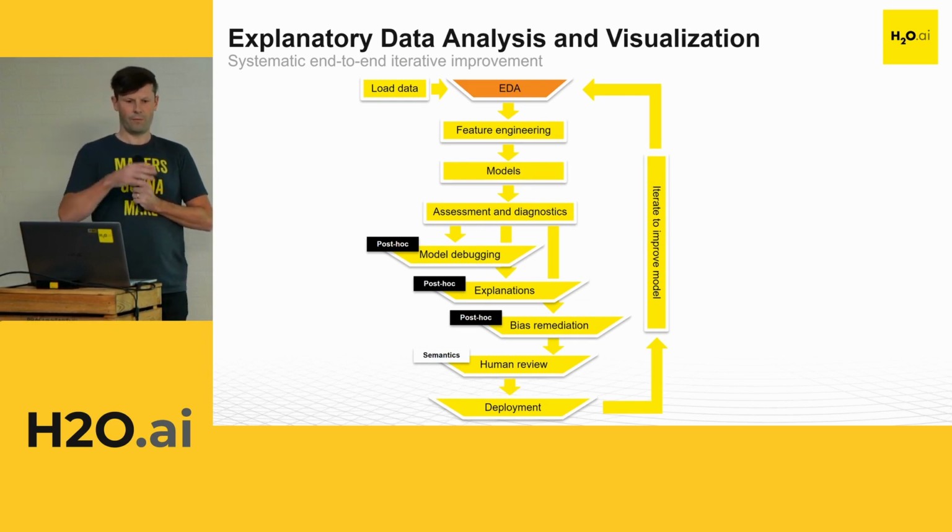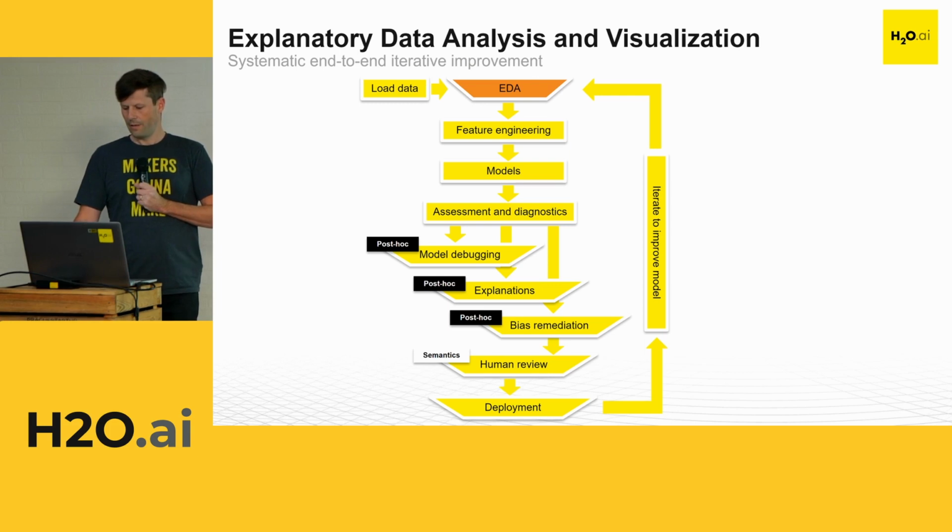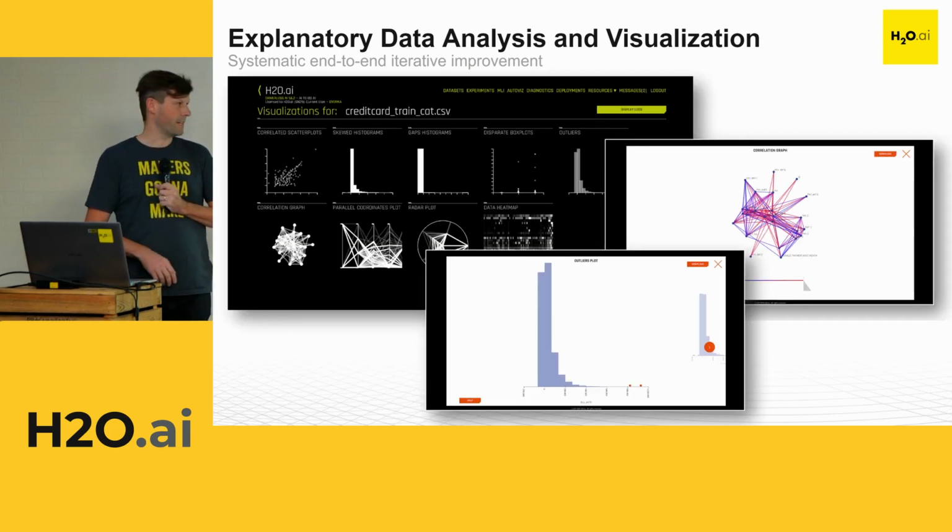I mentioned that I will be talking about Driverless AI. So in that, I would say, early stage of data analysis, there is a part of the product that can help you to really get these models explained to some extent. In this case, we do typical exploratory data analysis with metrics which are usually used.